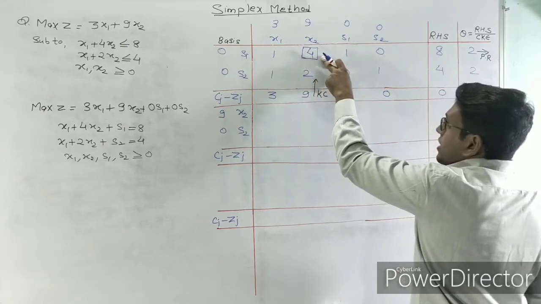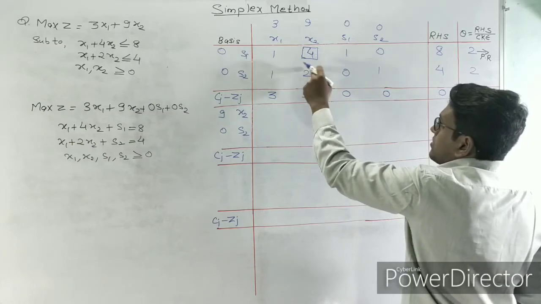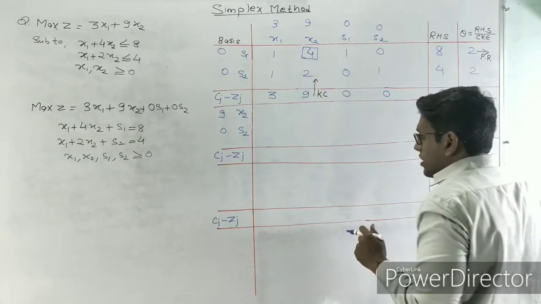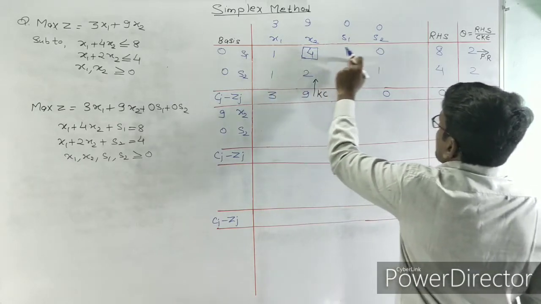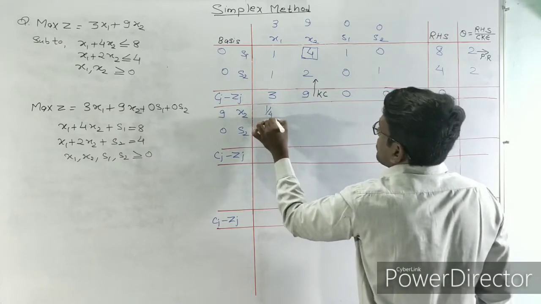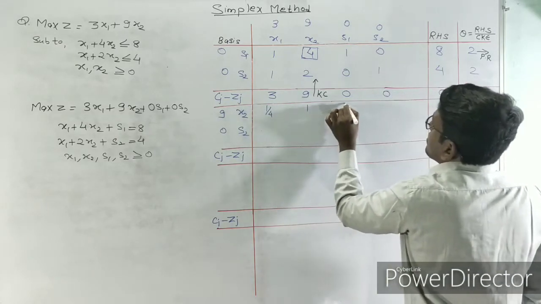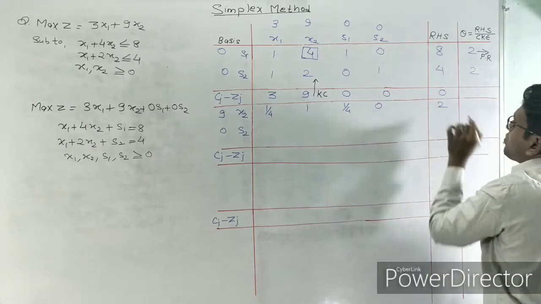We need to make this 1 and the remaining values in the column 0, so this has to be 0. In order to do that, I'll divide the first row by 4. So this will be 1 by 4, this is 1, this is 1 by 4, this is 0, this is 2.